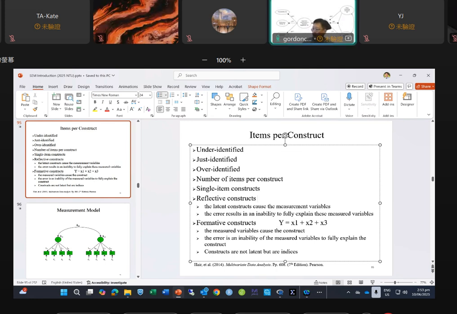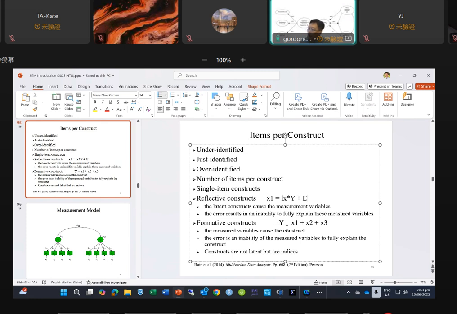For reflective constructs, we use your latent variable y to predict the item score. For formative constructs, we use the item scores to create your latent construct.